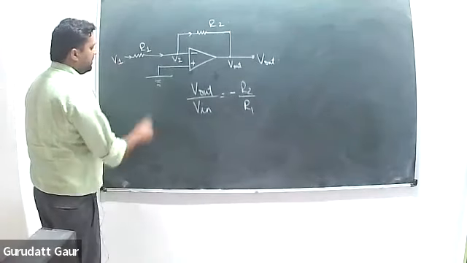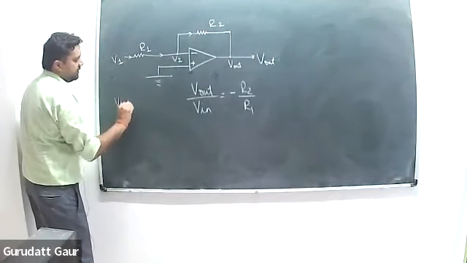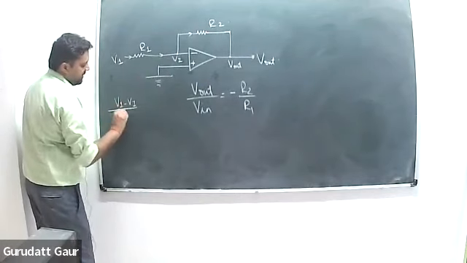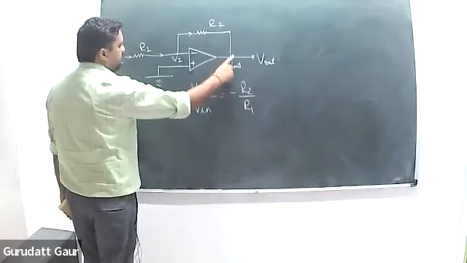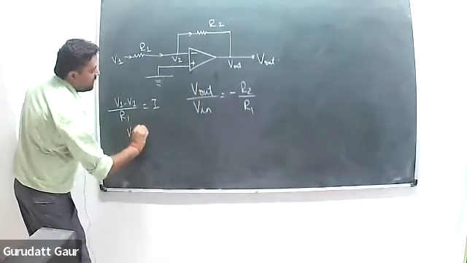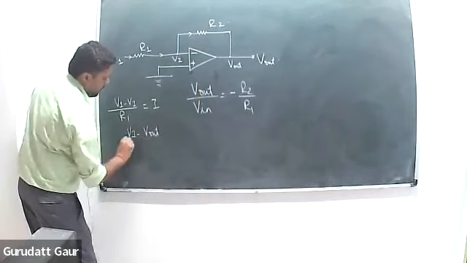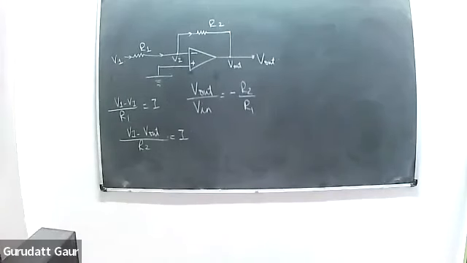This V1 minus VI, so V1 minus VI divided by R1. That will be your current, right? And in the same way, this minus this, VI minus V out divided by R2 will be the same current, right? So I can keep both of them equal.